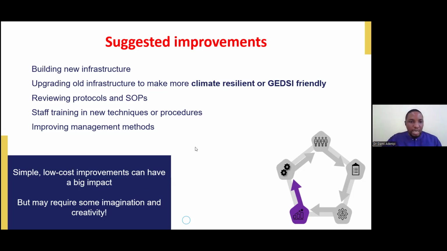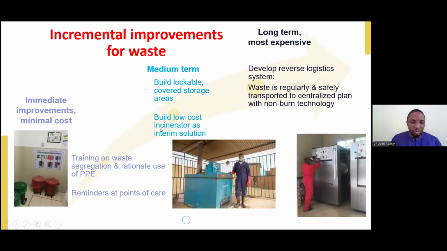It depends on what gaps you identify. And we know that simple low-cost improvements can have a big impact, but may require some imagination and creativity. That's why having a team that has good representation and is also trained comes in, because sometimes you just need simple solutions to solve supposedly big problems.